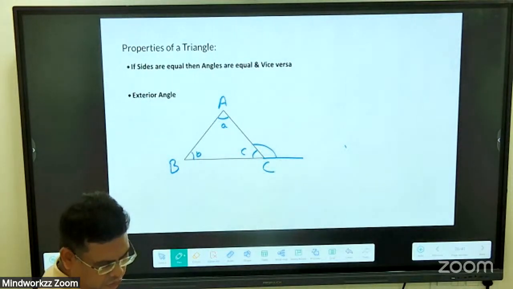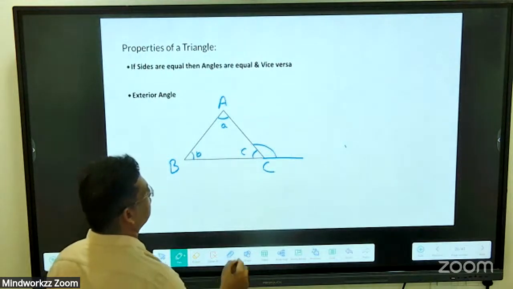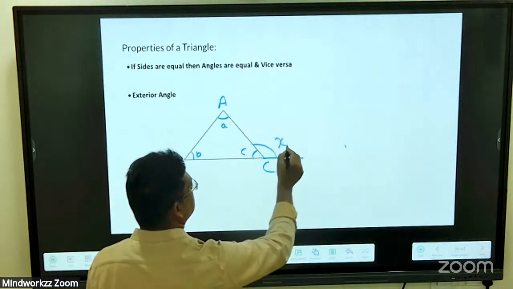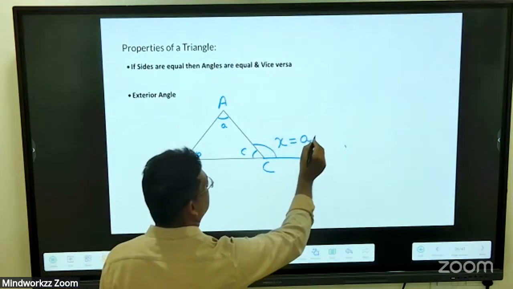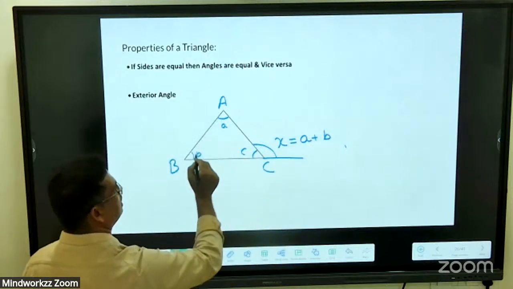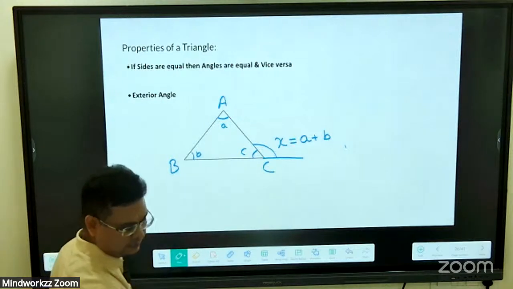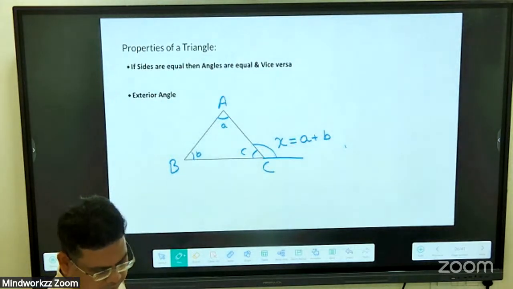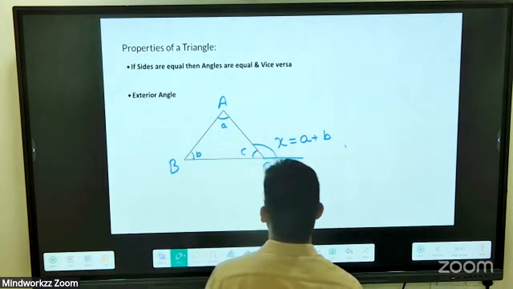So first, you should know what an exterior angle is. Second, this exterior angle X will be equal to A plus B, which means it will be equal to the sum of the opposite interior angles. Why, and how can we prove this?